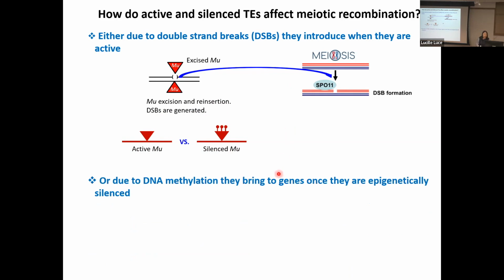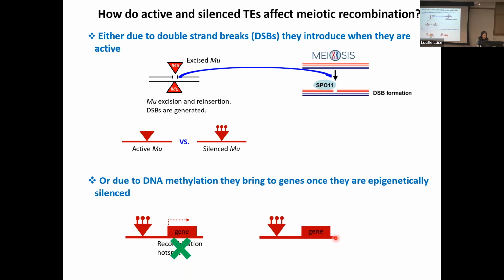Or due to demethylation, they bring to genes when they are epigenetically silenced. As I showed you, those CHH islands are mainly caused by transposon insertions, right? If there's a transposon there, that transposon needs to be silenced. So probably when you have a hotspot, you can see the gene is a hotspot. And then when a transposon jumps near the gene, this transposon gets methylated.